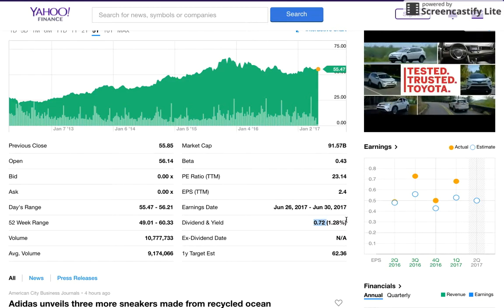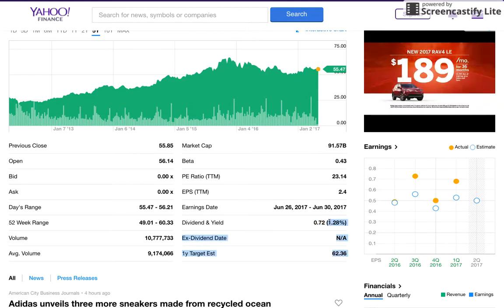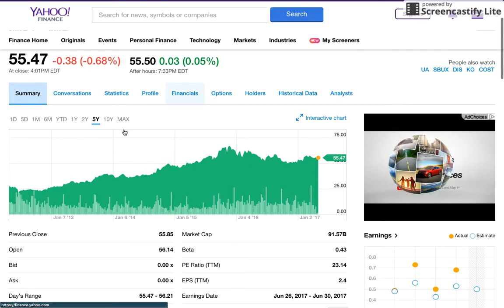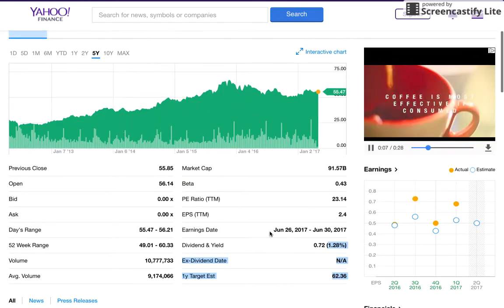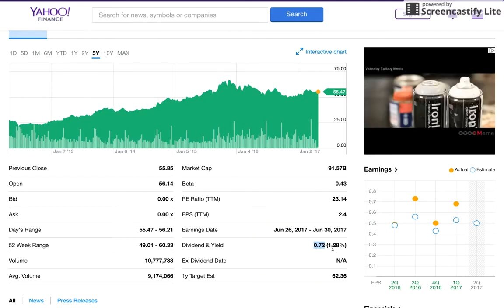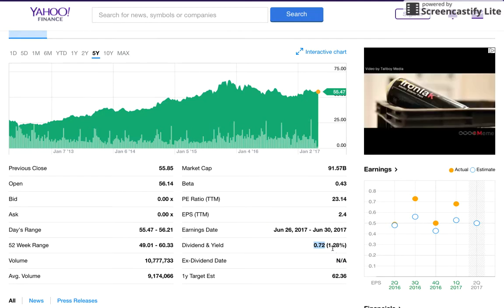Now, the yield is a percent that compares your investment, the stock price of $55.47, divided by the dividend for every share. I'm going to make 1.28%.